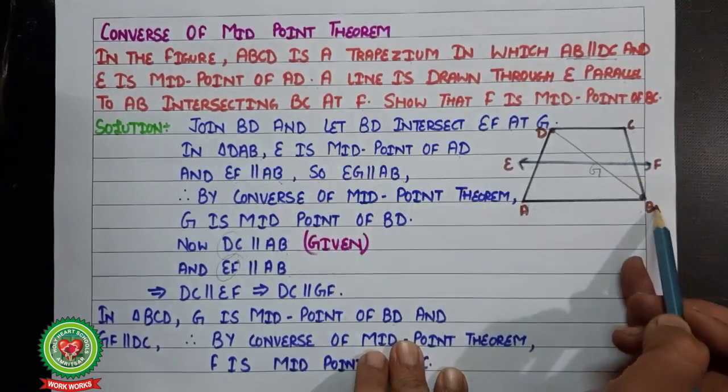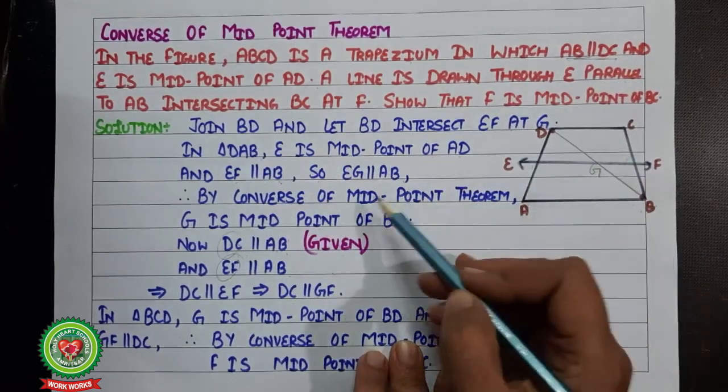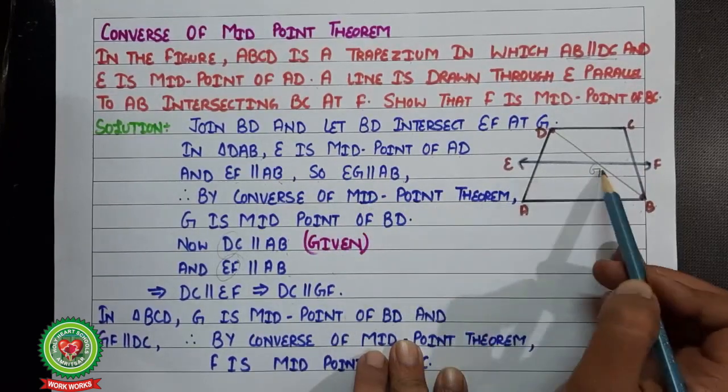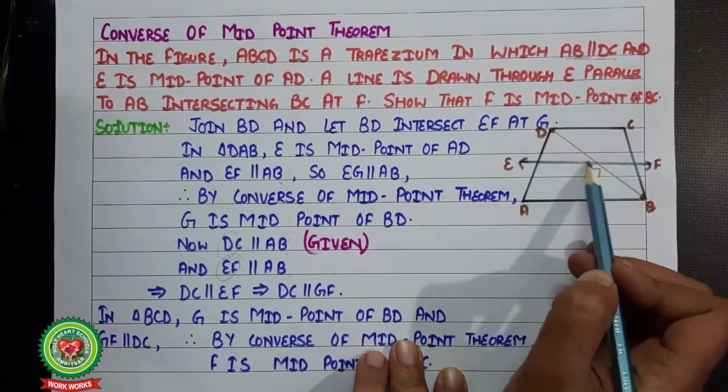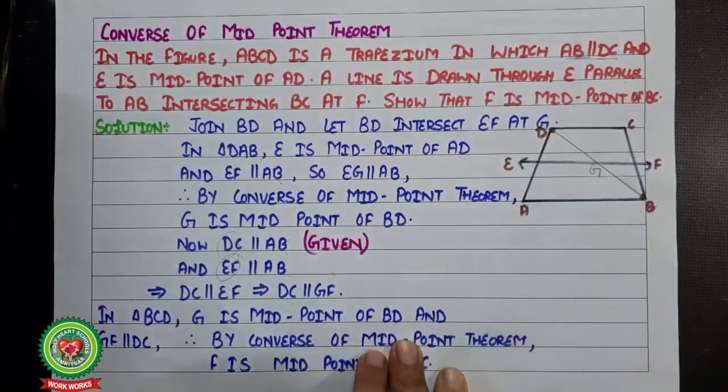So by the converse of midpoint theorem, G is the midpoint of BD.